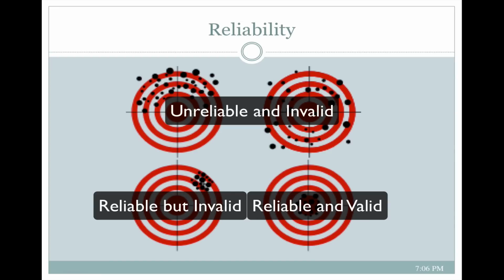Now, obviously, tests in schools are not target practice, but this is a good analog. For example, if we are measuring in a mathematics test children's ability to compute numbers, but on that test, we are actually measuring the children's reading because we are introducing a number of word problems, we might very consistently measure those children's abilities.